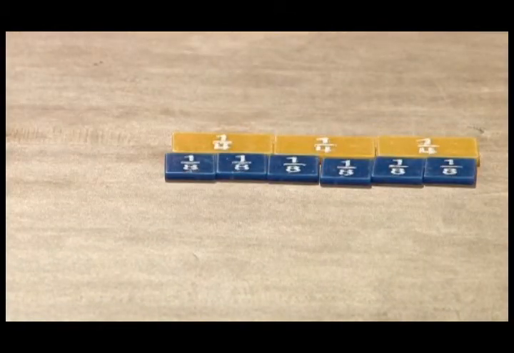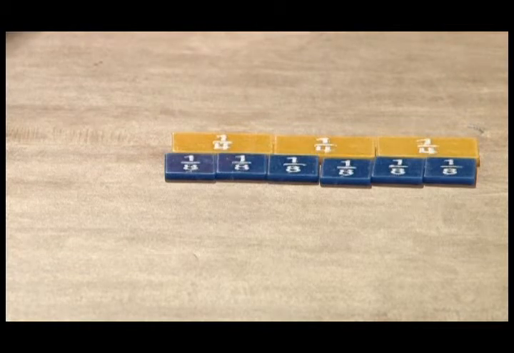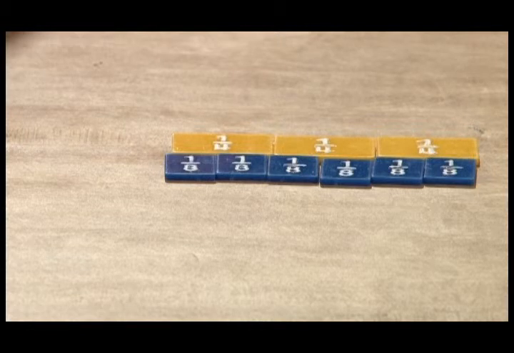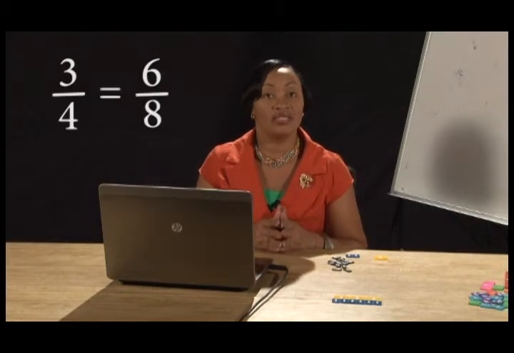If you notice, we have 6 1/8 tiles there, fitting exactly over or beside the 3/4. Therefore, 3/4 is equivalent to 6/8.